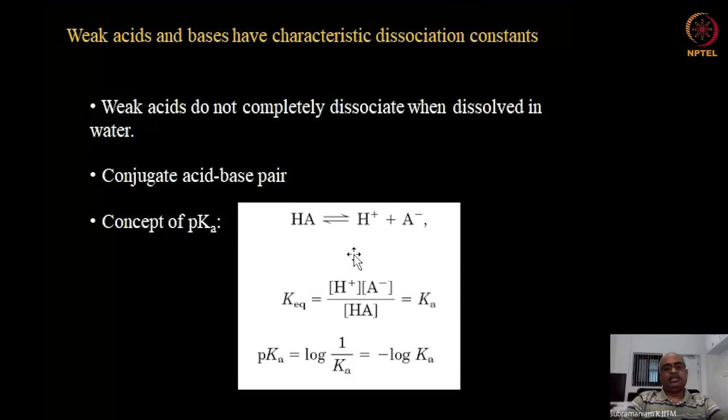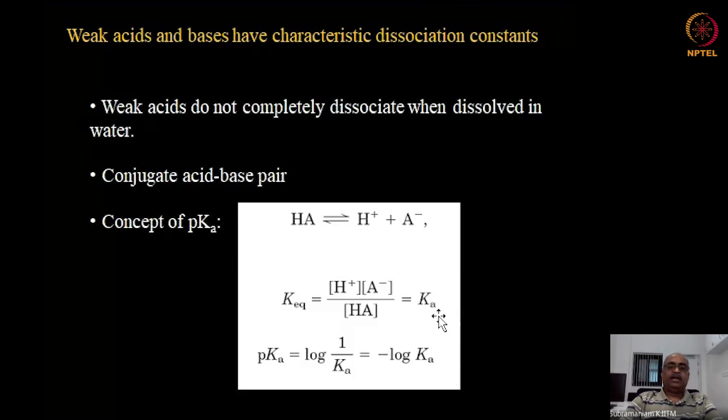Very similar logic here. The product of these two divided by this is the equilibrium constant. And for an acid dissociation, we call this Ka. This is the dissociation constant for an acid.